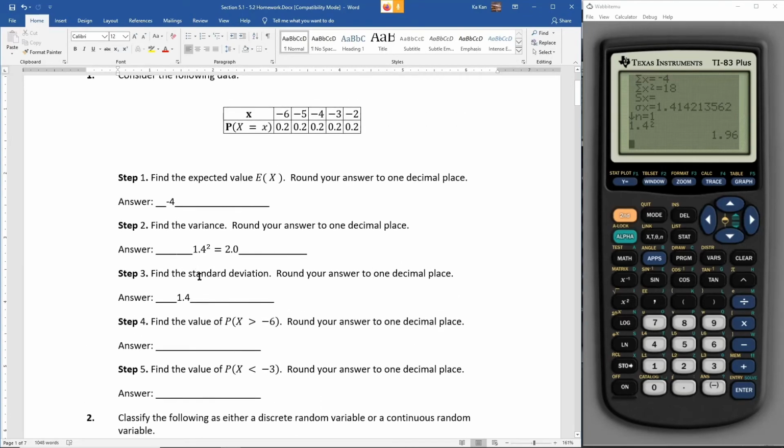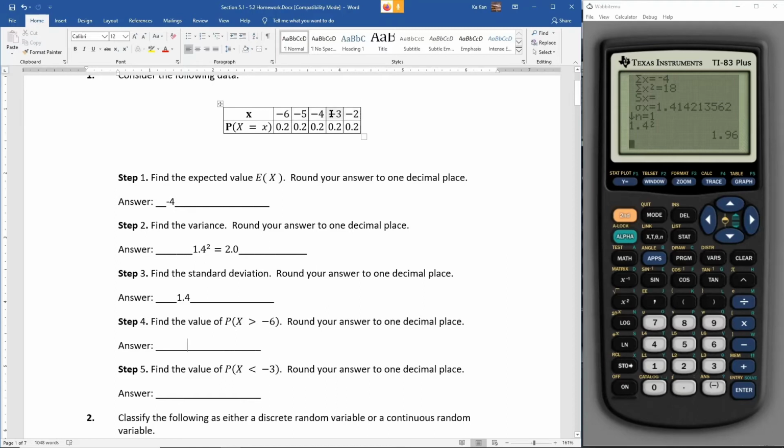Step 4, find the value of P. So probability of X bigger than -6. This one is actually not too bad. What does that mean? They want to know the probability for everybody above -6. See, -6 right here is 0.2. They want everybody above that.